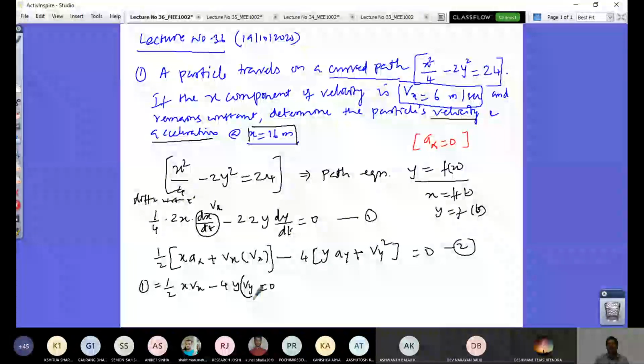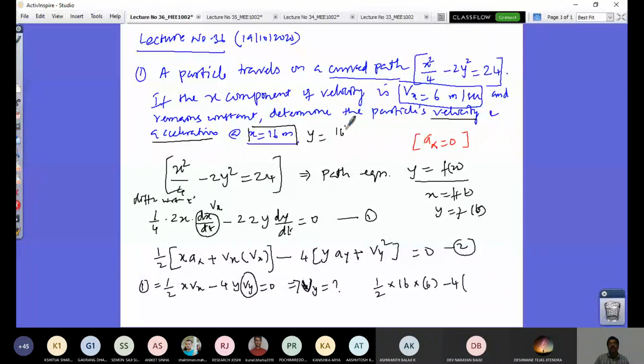So it is 1 by 2 into x, 16, into 6 minus 4 into y. What is y at x equal to 16? It is 16 squared by 4 minus 2y squared is equal to 24.